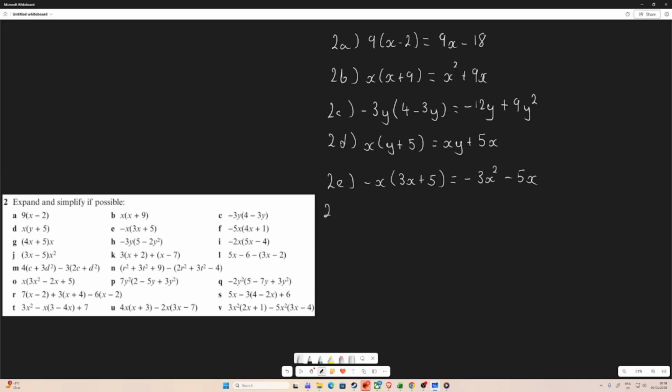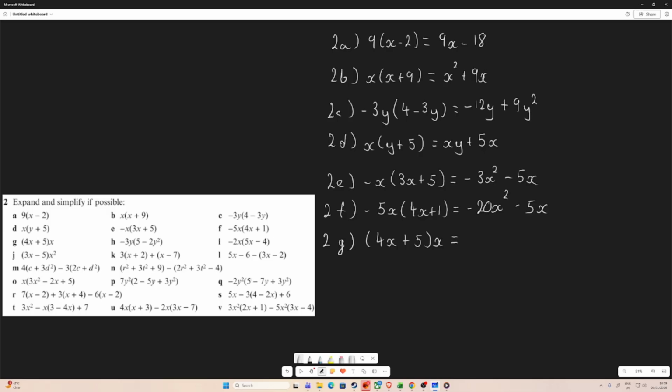2f. We have negative 5x into 4x plus 1. That is negative 20x squared, well, take away 5x. Let's do 2g. We have in the brackets 4x plus 5 times x.